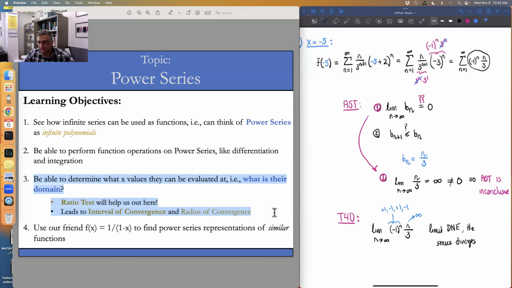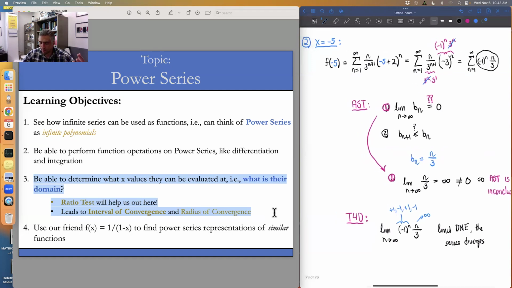In this particular case, we're plugging in a specific x value, one of the endpoints from our original domain, and seeing whether, when we plug that endpoint into our power series, the series converges and we include that endpoint, or diverges and we don't include it. Because this series diverges, we don't include this endpoint.